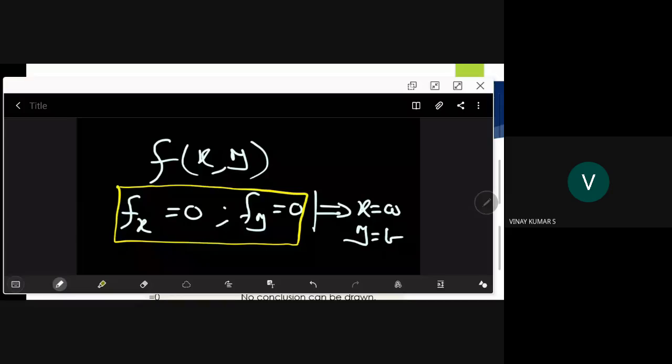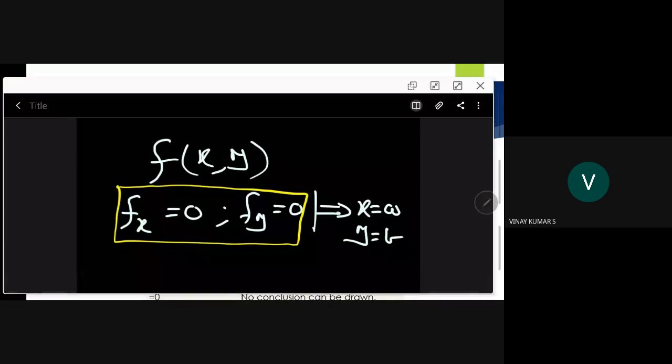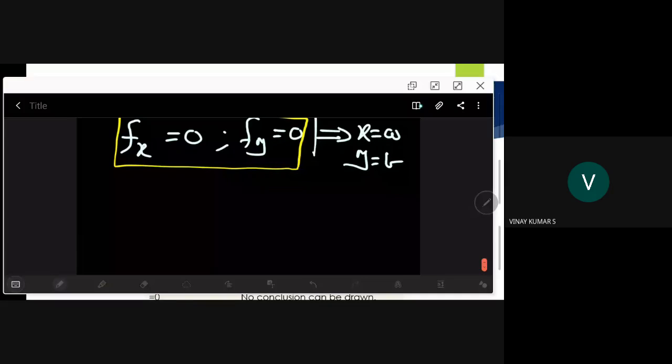Then what we need to do is find f xx, dou square f by dou x square, and in that you put x, y as a, b. This you call r, that is a number.